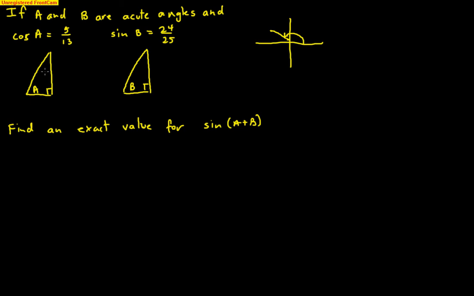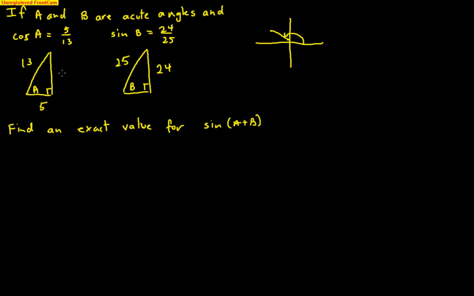We can use a little right angle triangle, and we know that adjacent over hypotenuse is what cos is, and sine is opposite over hypotenuse.